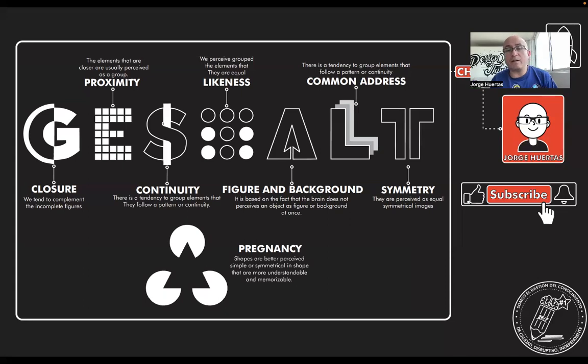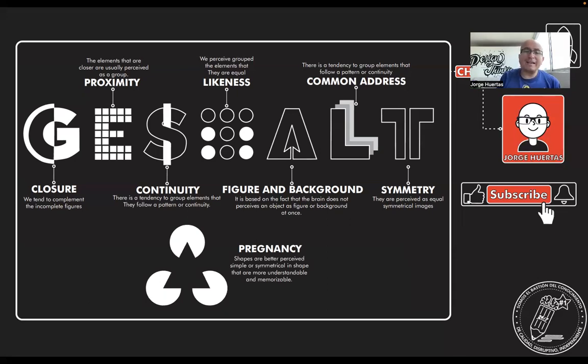Pregnancy is the final law, and it's very interesting because pregnancy, or hierarchy, allows us to understand different figures that maybe are not there. As you can see, we really have 4 circles, and we took one part of each circle, and it looks like there is a triangle in the middle.